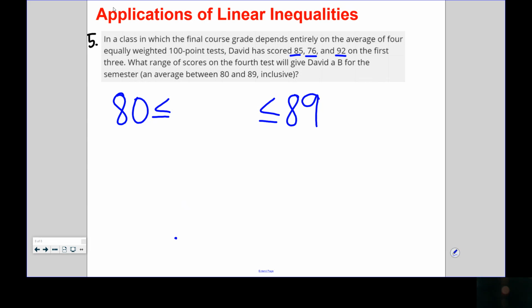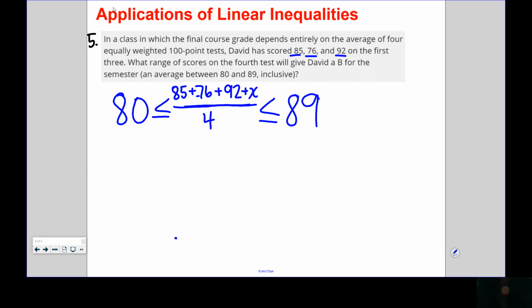So to do an average, you add up all the scores and divide by the number of tests. So we have 85 plus 76 plus 92 plus, we don't know about the 4th test, we'll call it X. And then what goes in the denominator here? 4, because there's 4 tests total.